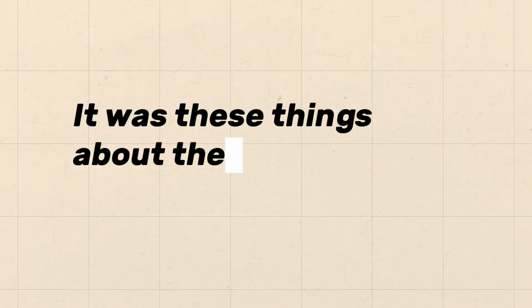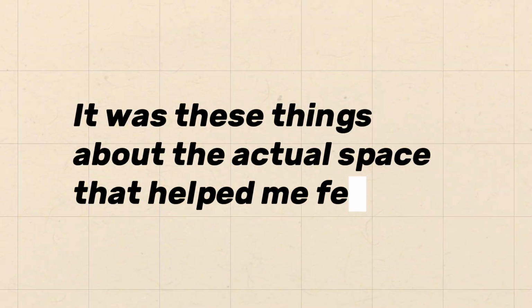Or was it more about the people that I met, or a combination? And then I note down the things about the actual space that helped me feel calm. Because later on, when we make more design decisions, these descriptions can help us better understand what you actually mean when you say calm.